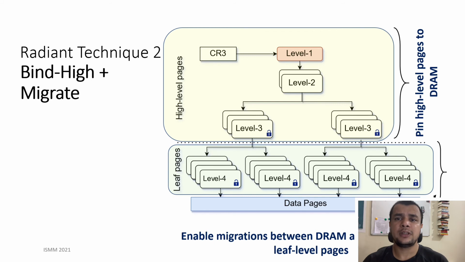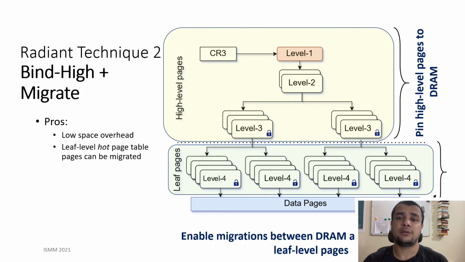This ensures that even if a page table page allocation spills to Optane, it will not be stuck there, and it can be brought to DRAM as soon as the memory pressure on DRAM reduces. Hence, with a very small space overhead, we ensure that 75% of accesses are from DRAM, and with migration enabled, hot leaf level pages can be migrated from Optane to DRAM if required.